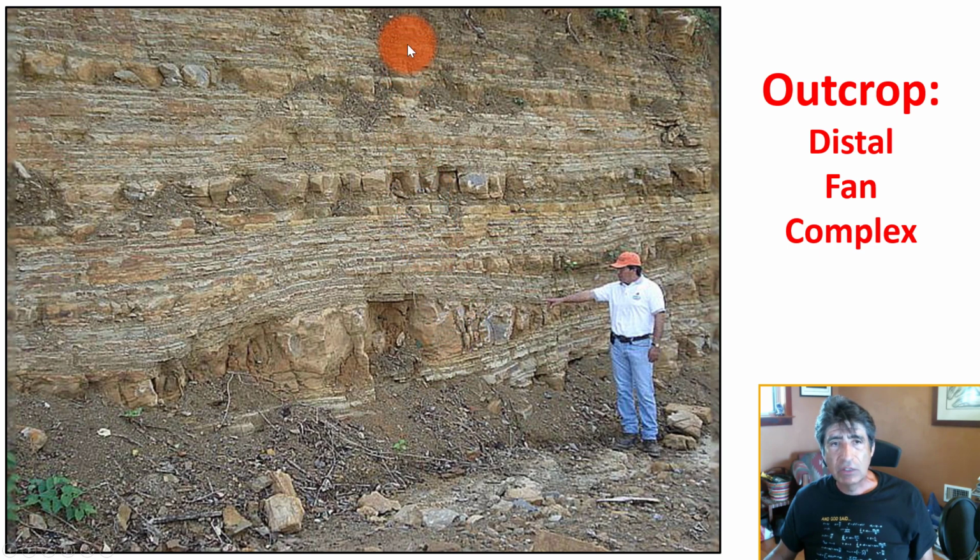In this part we have beds that are very thin and also laminated and interspersed by layers of shell. If a well was drilled through this sequence, that would be the distal part of the turbidite system, which is the fan complex.